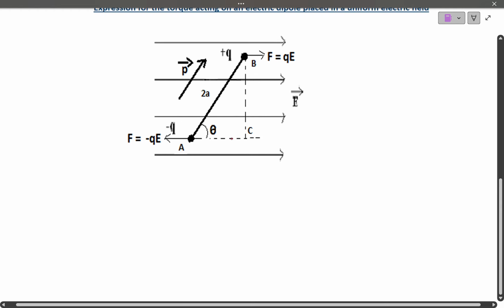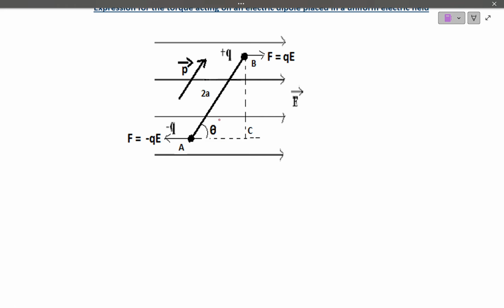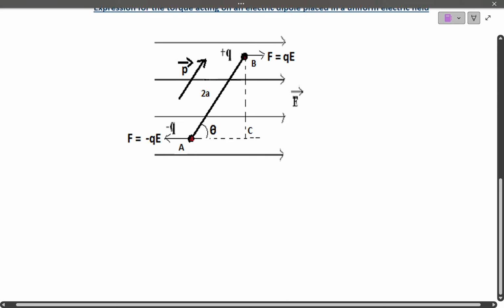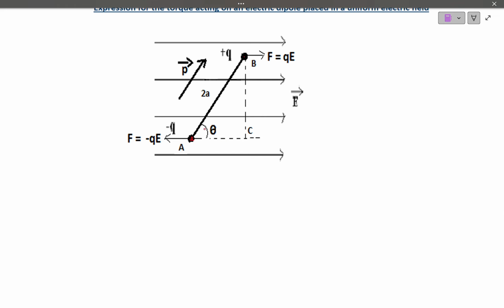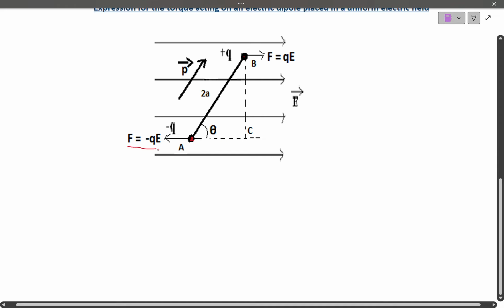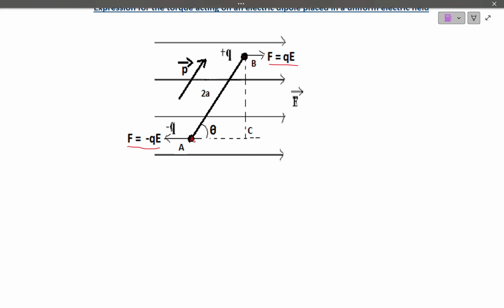Because of the two equal and opposite forces acting at the two ends of the dipole, a torque is experienced by the dipole. So the dipole will rotate until it becomes parallel to the electric field. You can see here F is equal to negative QE at the negative charge, and at the positive charge, F is equal to QE. These two equal and opposite forces acting on the two ends constitute a torque.